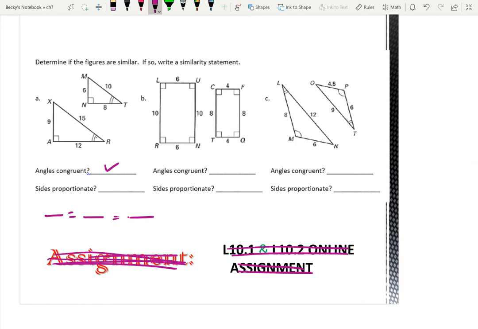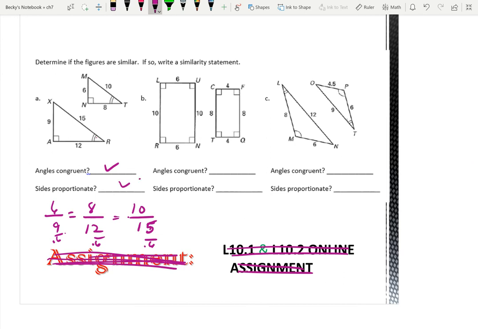Let's check it. It doesn't matter which triangle you start with. Smallest to greatest. Smallest to greatest. That is a 15 if you can't read my bad handwriting. Let's check the math. 6 over 9 is 0.6 repeating. 8 over 12, 0.6 repeating. 10 over 15, 0.6 repeating.